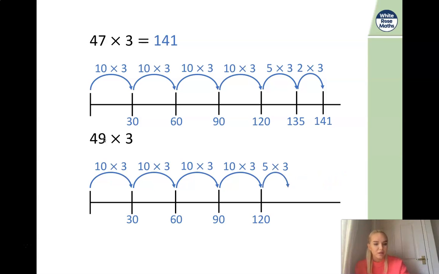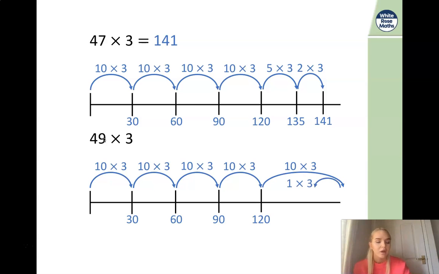But what we could also do is we could work out 5 multiplied by 3 and then 4 multiplied by 3.